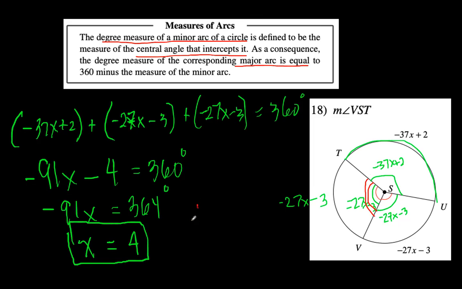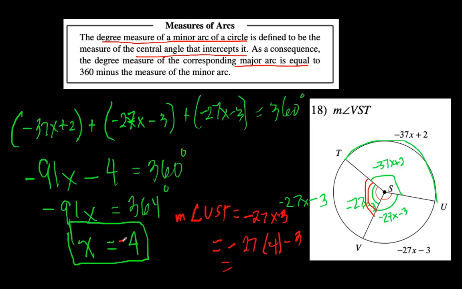So the measure of angle VST is equal to negative 27x minus 3. All right, and since we already solved for the value of x, we can substitute that here.